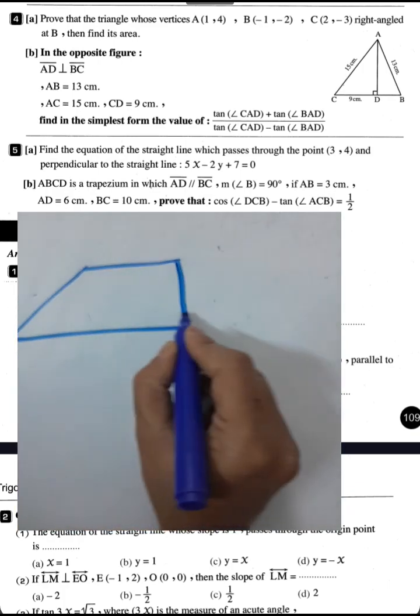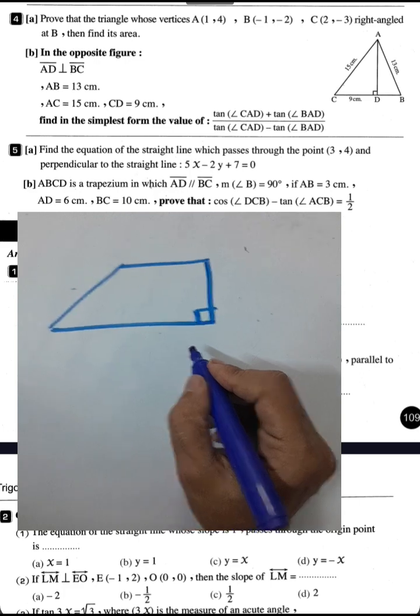Next example, last question here. ABCD is a trapezium, right angle at P. Okay, we can draw the trapezium, right angle at this point here, D towards the trapezium, perpendicular here.